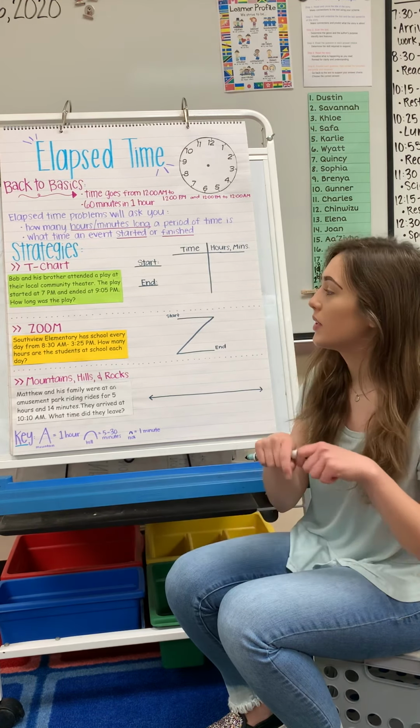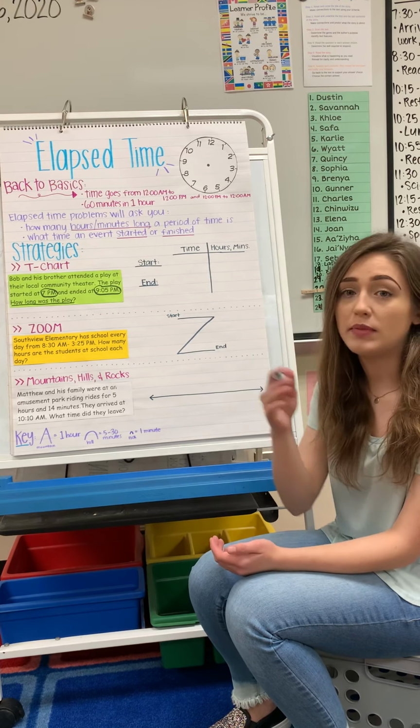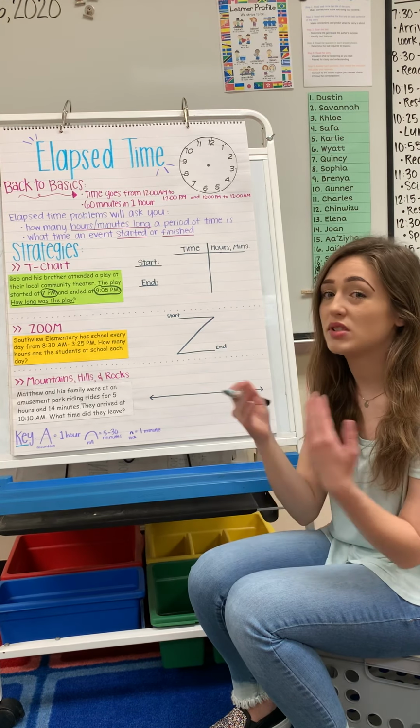At the top of your T-chart, on the left side, you're going to put time. This is where we are going to put the times that you would see on a clock. On the right side, you're going to put hours, minutes, because that is where we're going to document how many hours and minutes happened between those times.